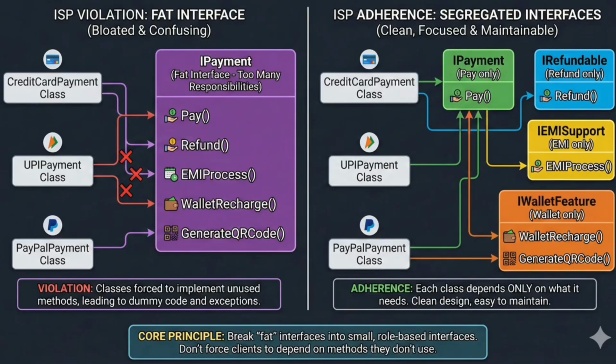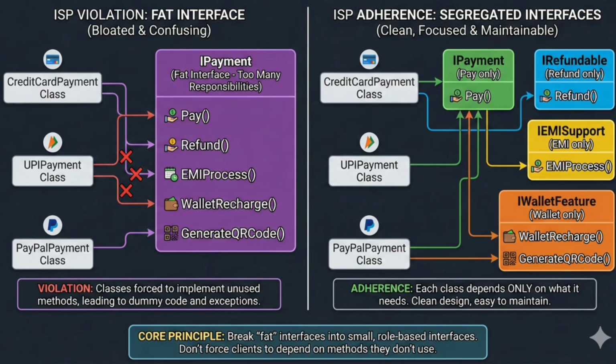Let's now look at some real-world practical examples where the interface segregation principle is actually used in the software we use every day. Payment systems. Think about e-commerce platforms like Amazon, Flipkart, or any online shopping website.